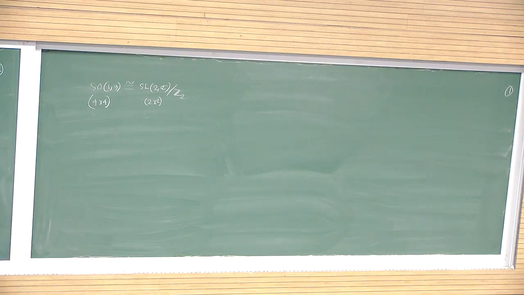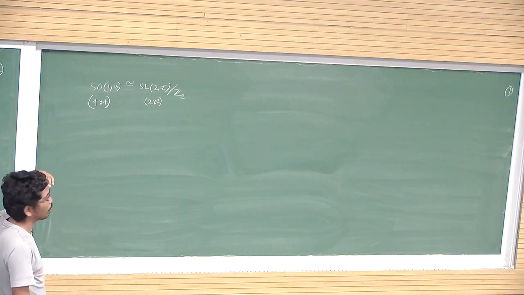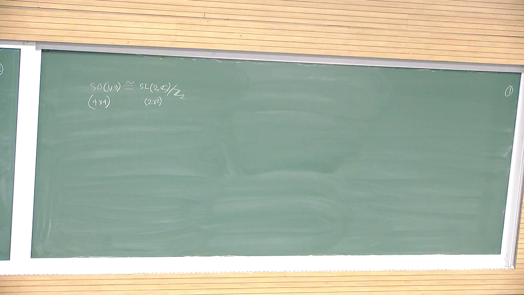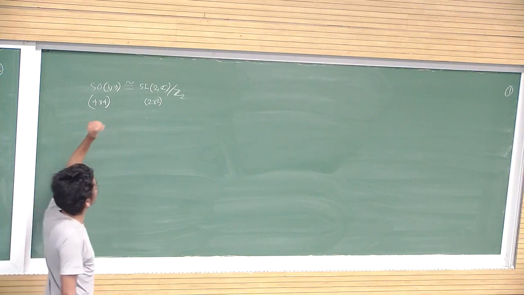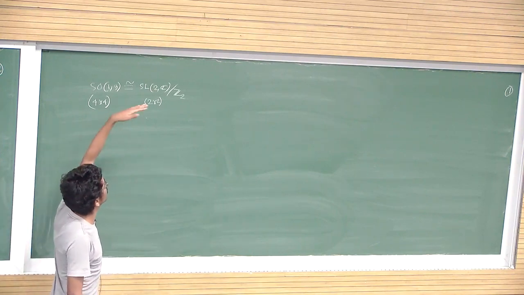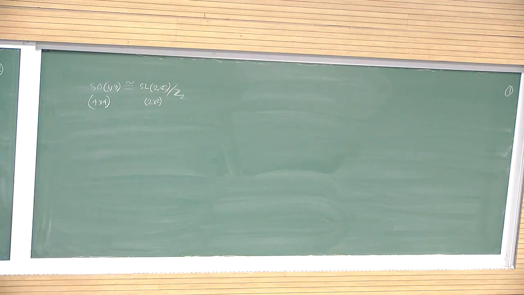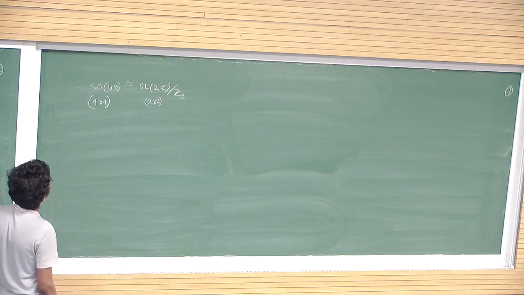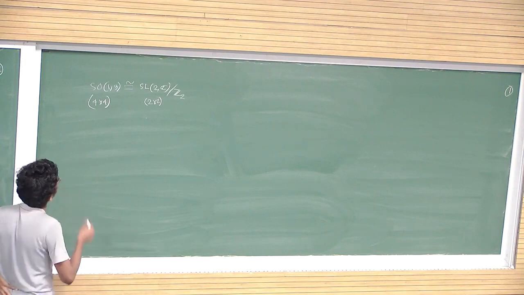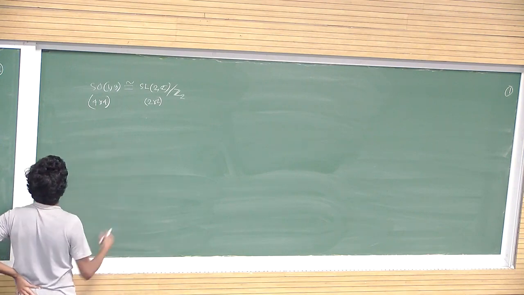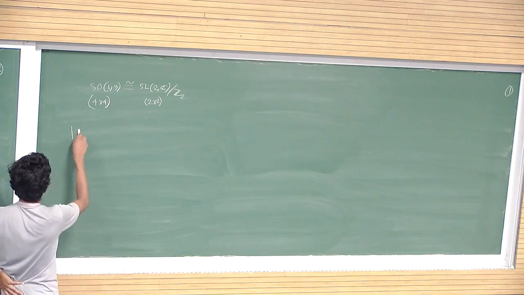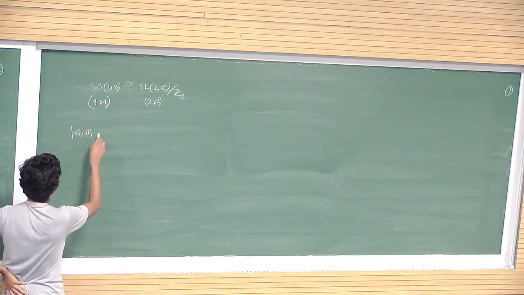So the next natural move should be to find a basis which transforms nicely under the SL(2,C). So this is what we are going to do today. Okay. So let us now introduce a new basis, say for example delta sigma.